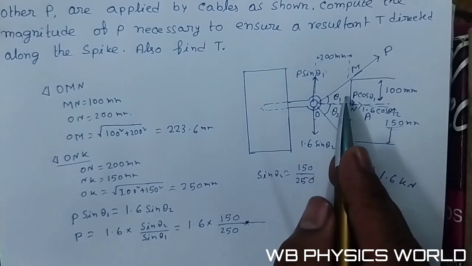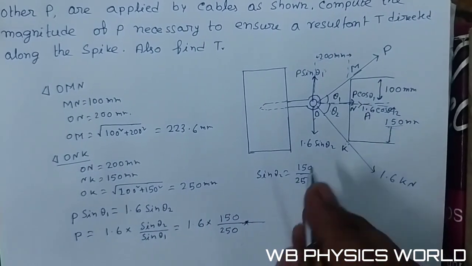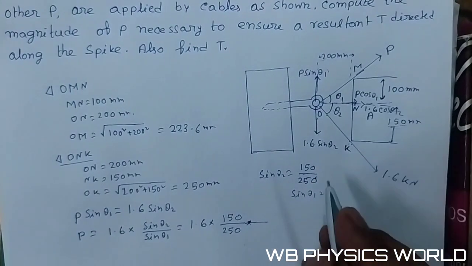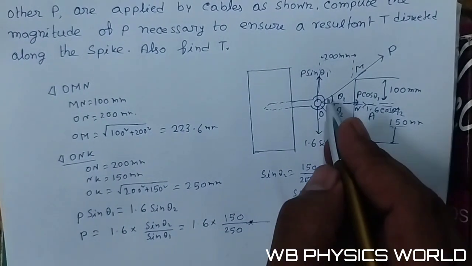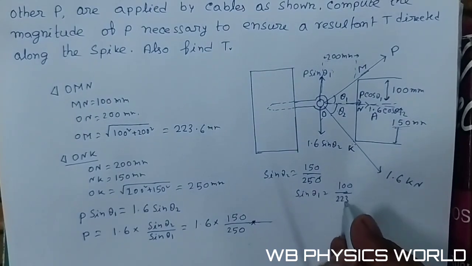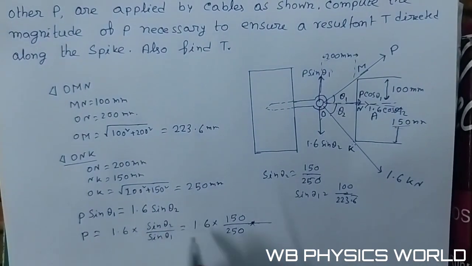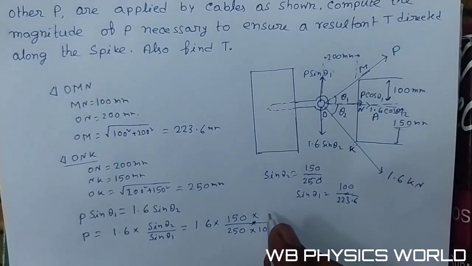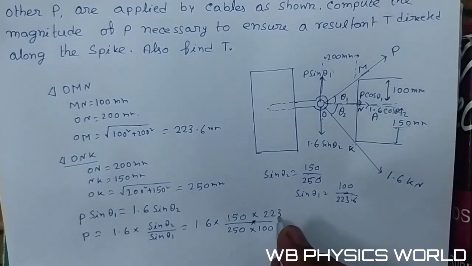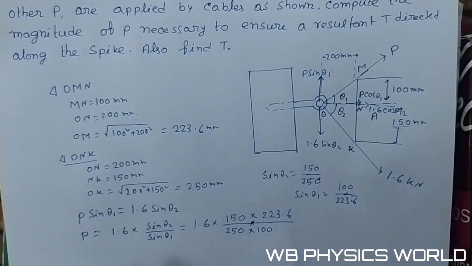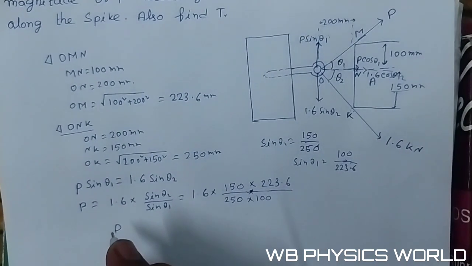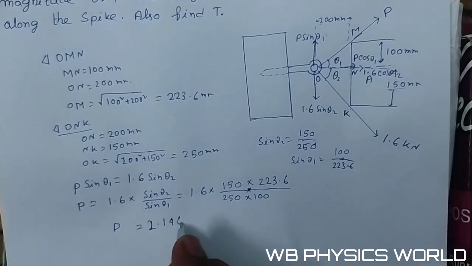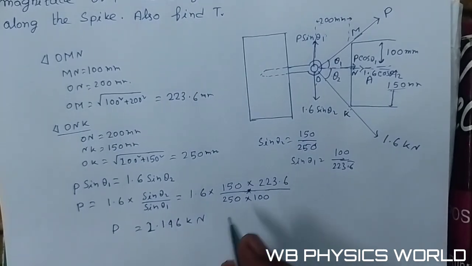And for sin theta 1, here height is 100 and hypotenuse is 223.6, so sin theta 1 is 100 by 223.6. So after calculation, the value of P is 2.146 kilonewton.